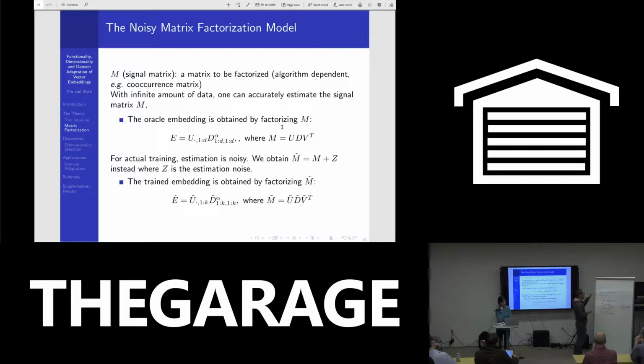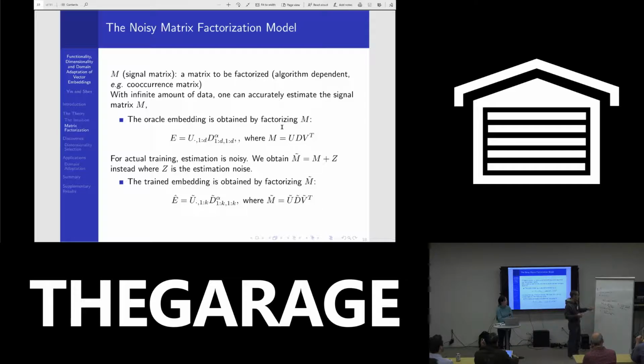And so what is the oracle embedding and what is the training embedding here? Notice that these P_ij, P_i, and P_j are unobserved. They are the inherent co-occurrence or occurrence probabilities between the words, which is native to a language we don't observe.